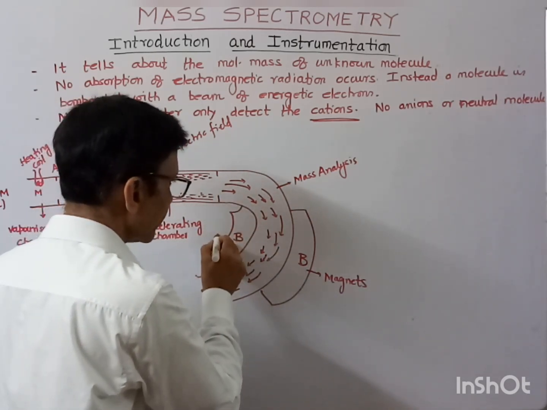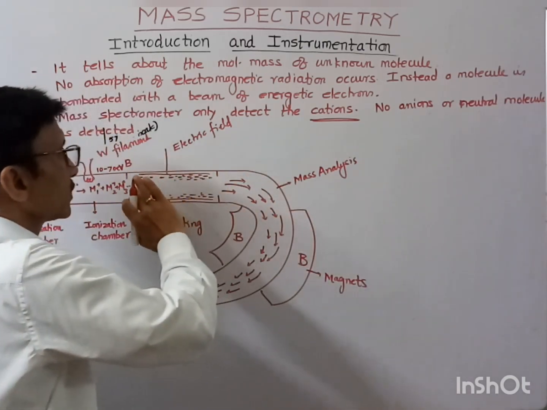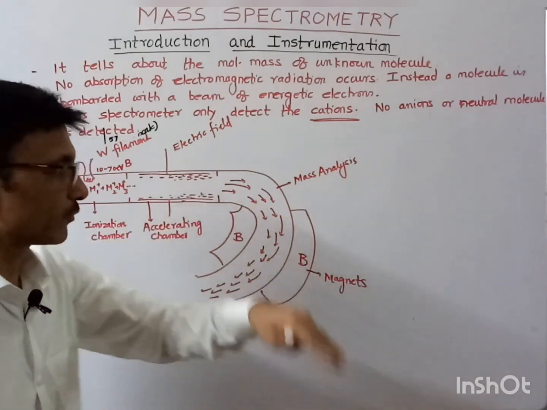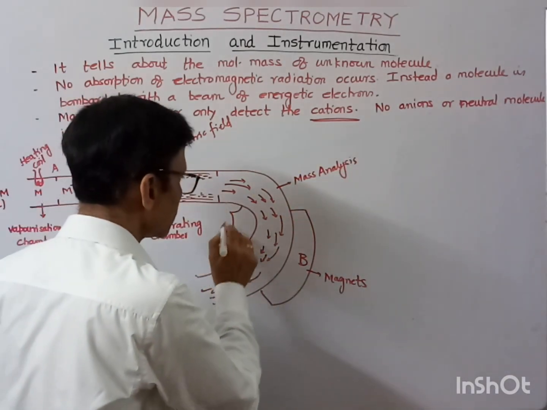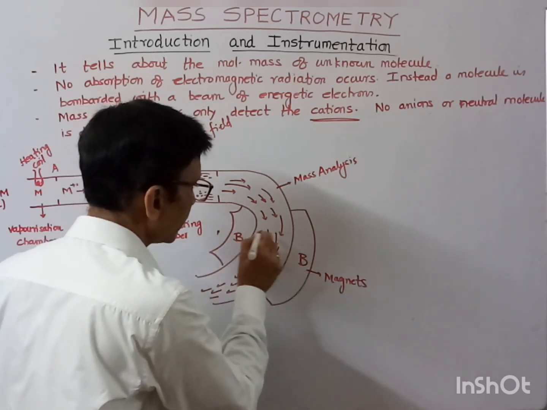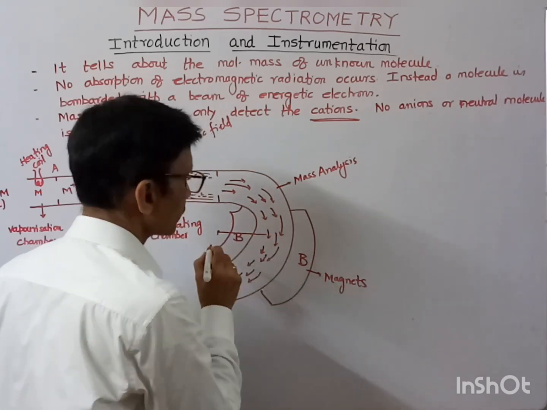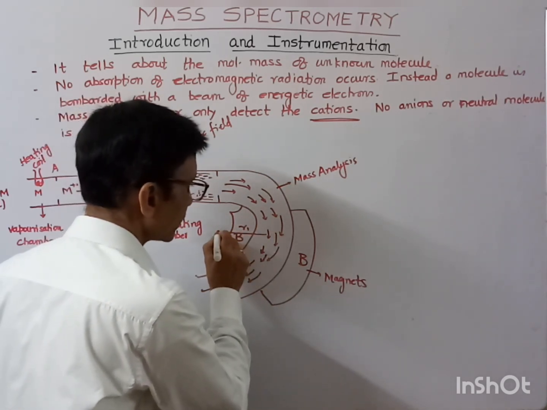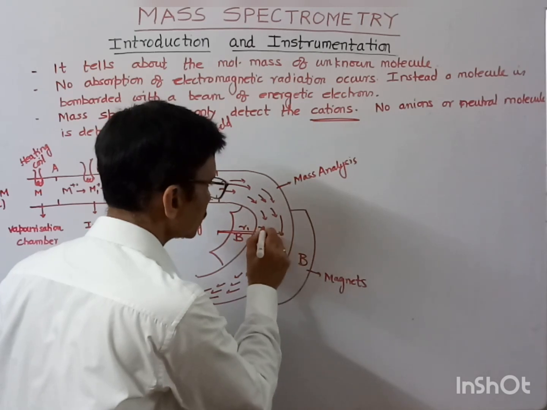Suppose this is the radius. It means after going from this accelerating chamber, it will follow a circular path. Suppose this is the center of the circle, and this ion has radius r1, this ion has radius r2, and so on.